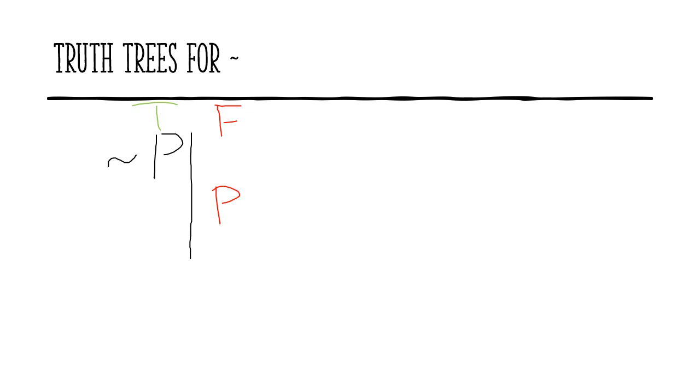Now, suppose that you come across it on the right side. Again, right side is false, left side is true. So what makes a tilde p false? Well, what makes a tilde p false is wherever P is true. So same thing as before, we are flipping the letter over the line and we're dropping the tilde.